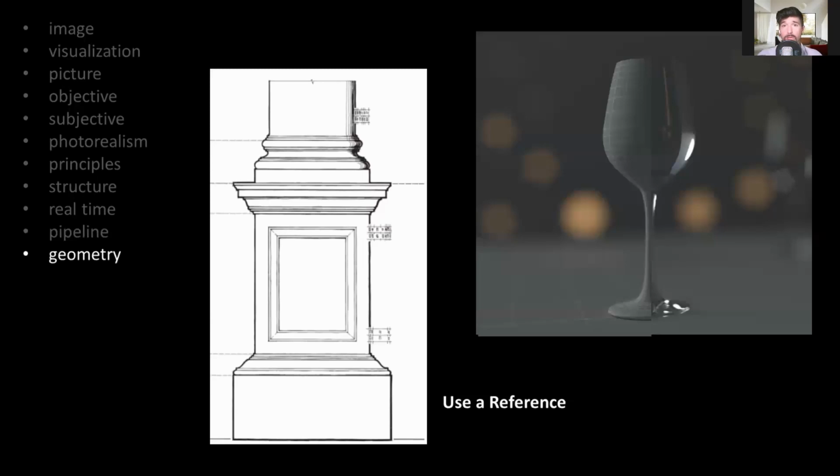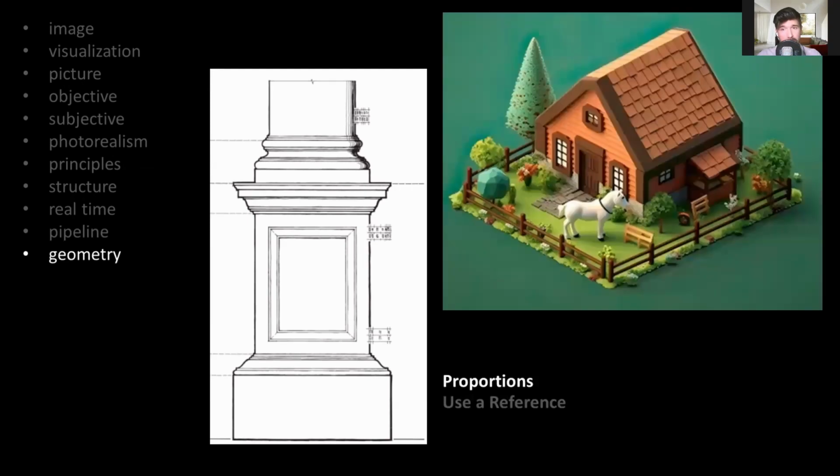So as an example, we can use a wine glass or an image of a wine glass to construct or draw the profile curve and then just use rotational surfaces or lathe modifiers to create the mesh, which adequately depicts real life. In this case, we are talking about proper proportions, which means that we can create something that depicts real life objects.